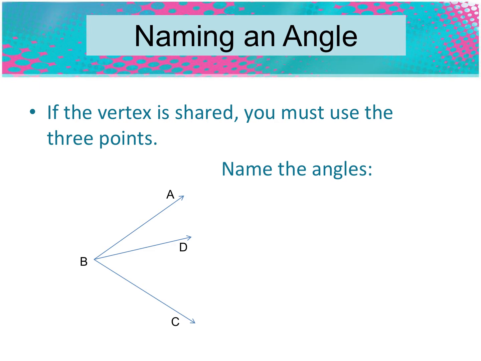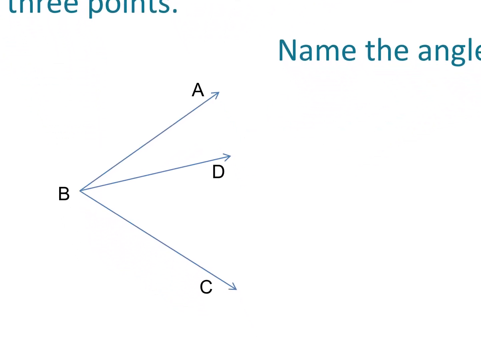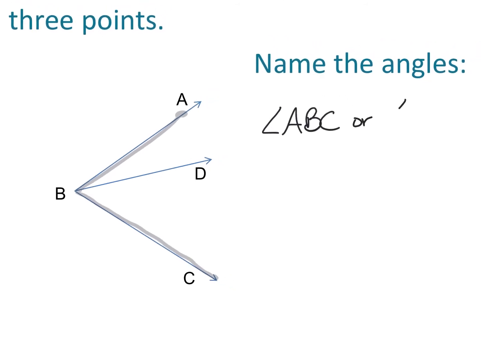So I actually have the large one, which is right here, which consists of A to B to C. That's the first angle that you can see here. You can also reverse the order of the letters, or you could call it angle CBA.